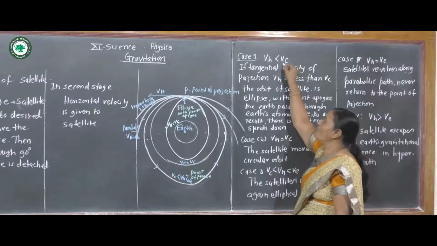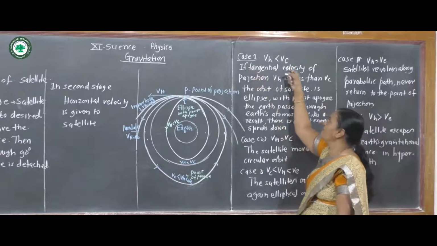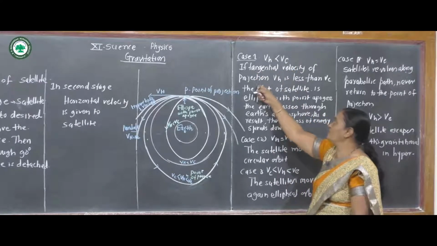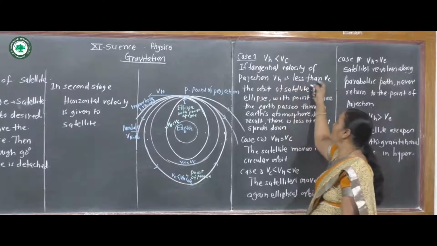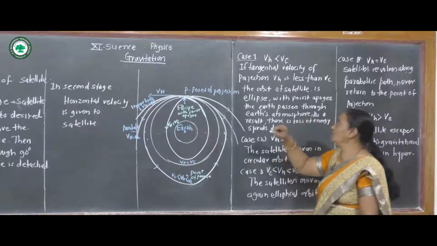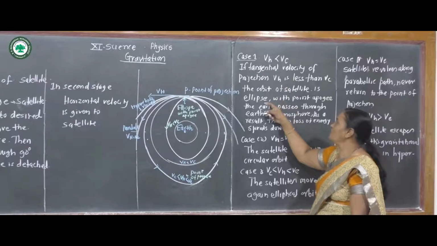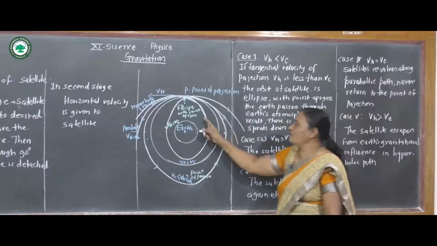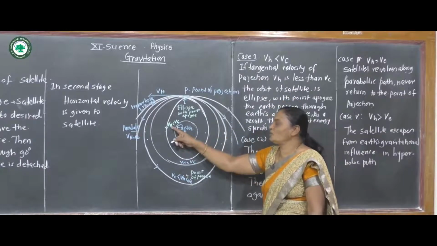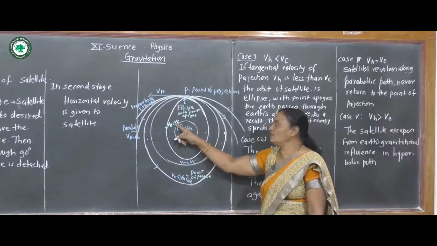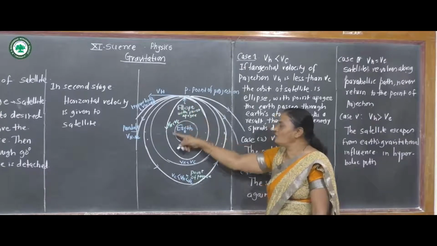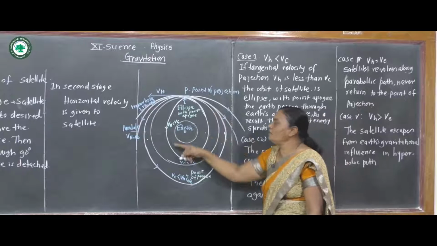Now if the tangential velocity of projection Vh is less than critical velocity, the satellite moves in an elliptical orbit. See, when the velocity of projection is less than critical velocity, the satellite revolves in the elliptical orbit.